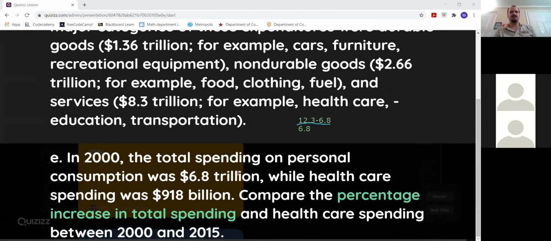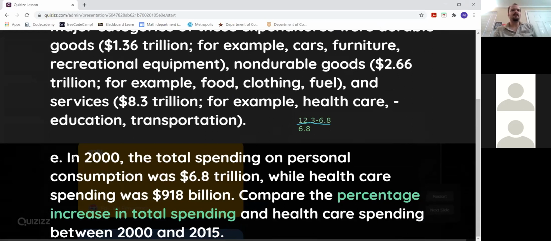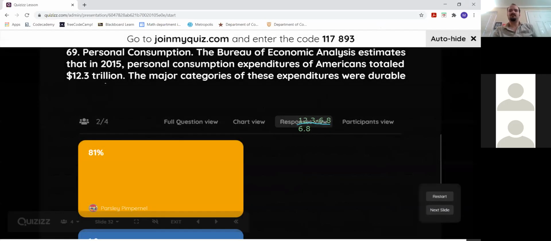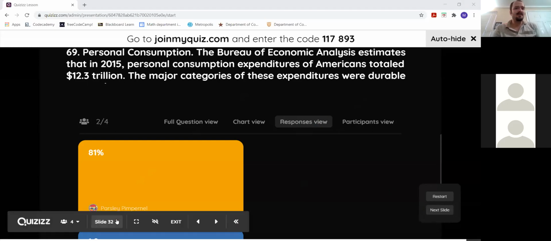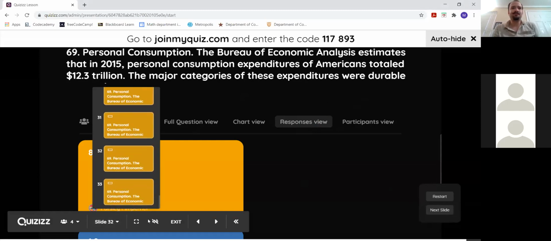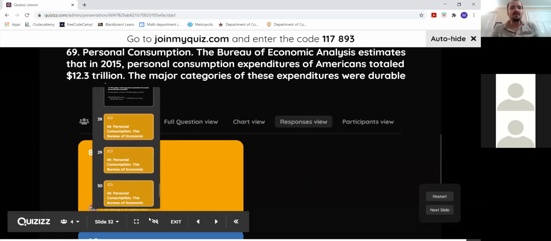And then the other thing is 918 billion. And that's going up from what we had in the previous problem, which was what? Clear all drawings. What was that we had in the previous problem? It was in slide 30. ABC, I believe is this one.